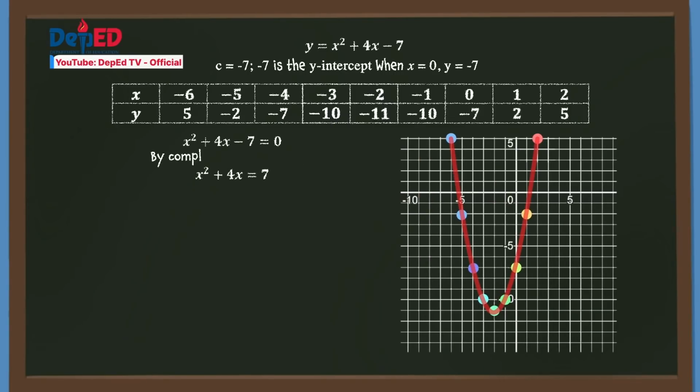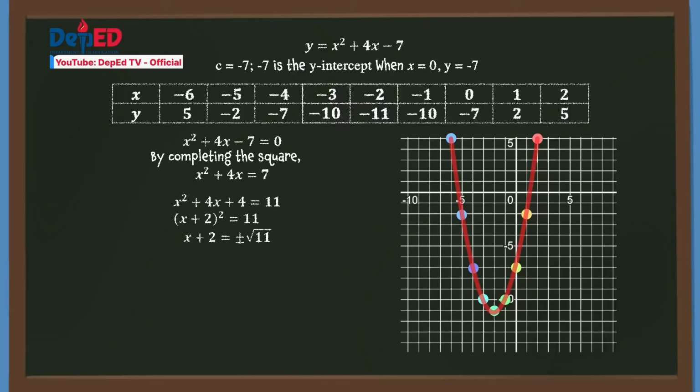X squared plus 4x minus 7 is equal to 0. And by completing the square, we have x squared plus 4x equals 7. And then we add to both sides the square of half of the coefficient of x, which is 4 in this case. So we have x squared plus 4x plus 4 equals 11.